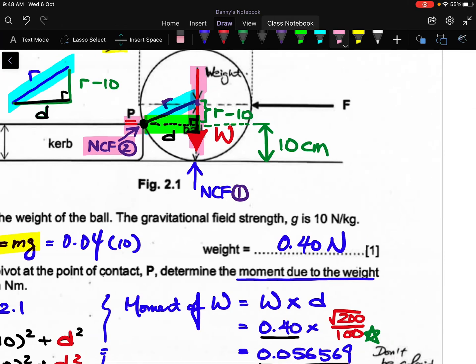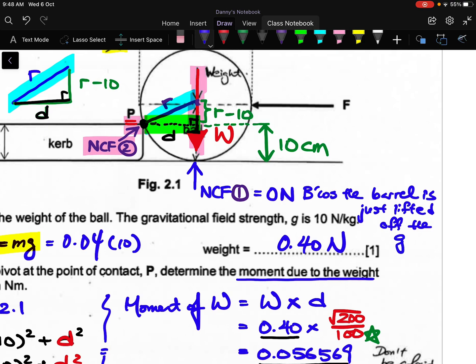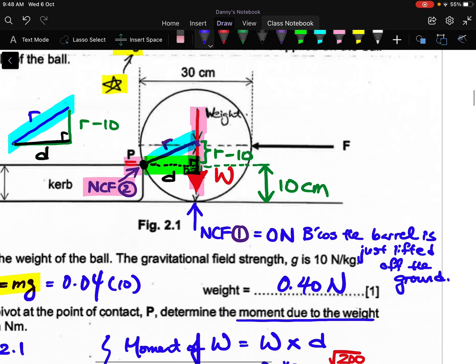Because the object is just barely lifted from the ground, this normal contact force will be equal to 0 Newton, simply because the barrel is just lifted off the ground.